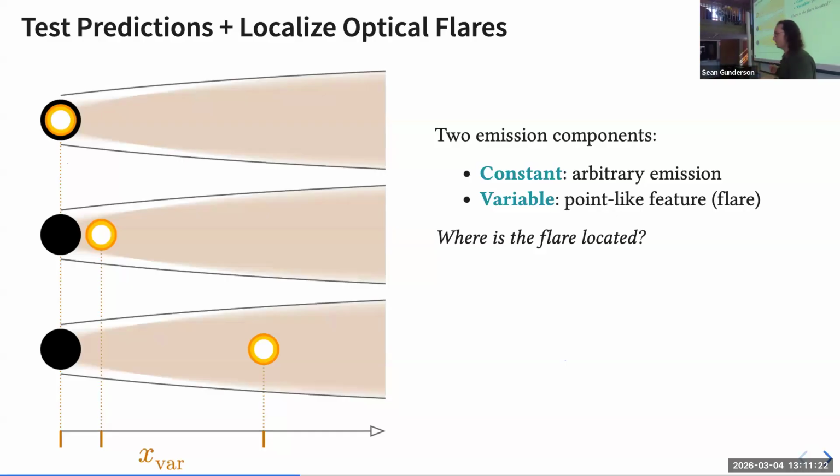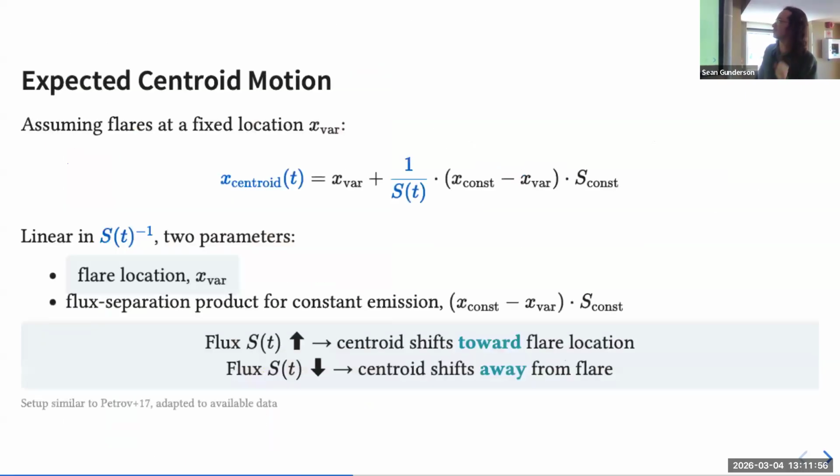It barely changes on these time scales of observation, so it can be assumed to be constant. And then there is some small point-like feature located somewhere in the jet, always at the same position. There is something flaring somewhere along the jet. And here, the question becomes where these flares happen. I would say that this is both a realistic set of assumptions and something that is feasible to constrain with existing and even better future observations.